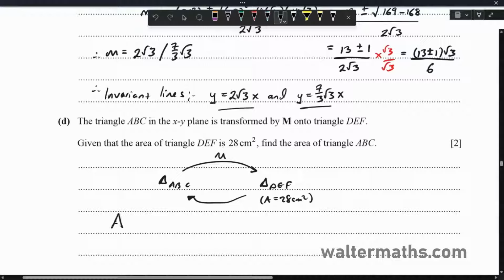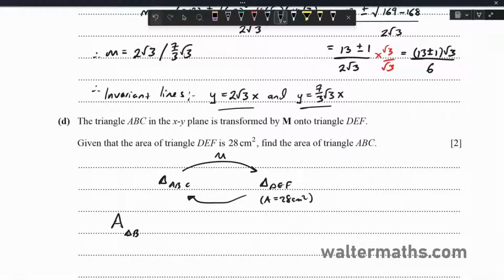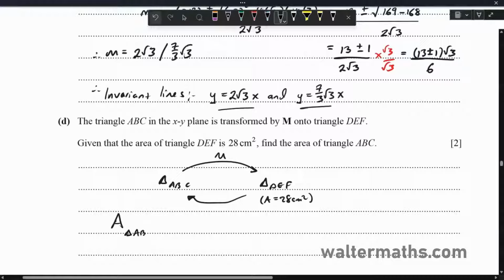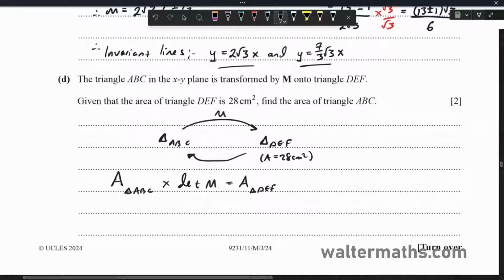We know that the area of triangle ABC times the determinant of M should give us the area of the image, triangle DEF. So the area of triangle ABC has to be the area of triangle DEF, 28, over the determinant of M.